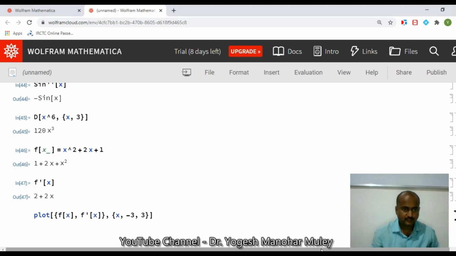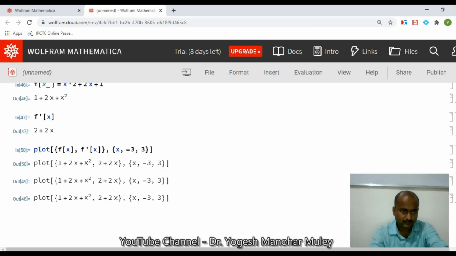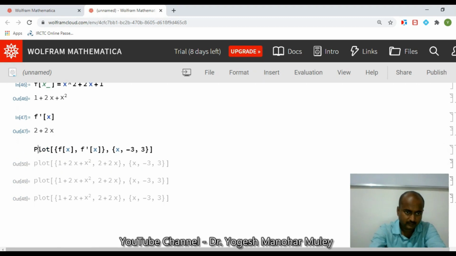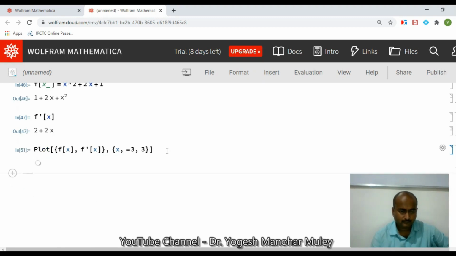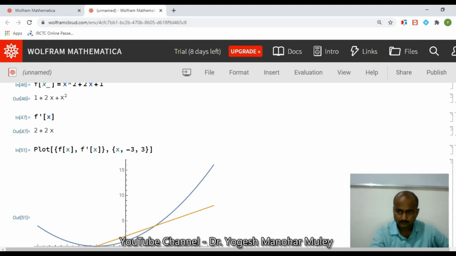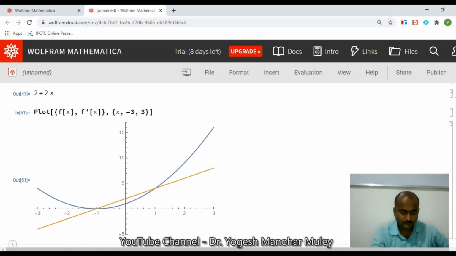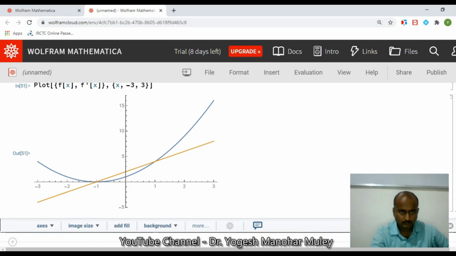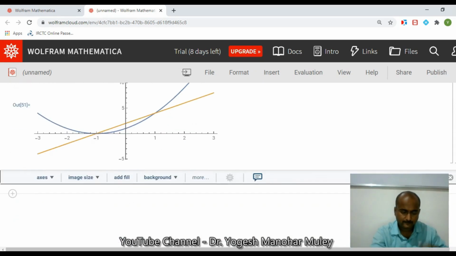This will give us a parabola and a line equation between -3 and 3. Okay, we made a mistake, small p, so capital P will give the graph: first graph for the parabola and second the line between -3 and 3.